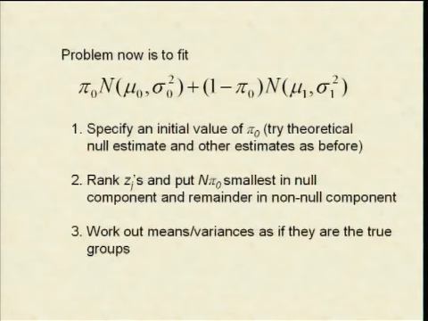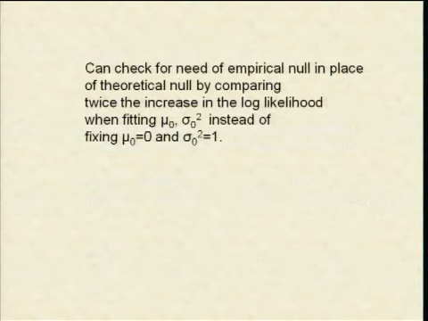But again, we supply an initial value for pi naught. We then rank the genes, and we put the n pi naught smallest in one group, and the remainder into the other component, and then work out the means and the variances as if they're the true groups, and then you fit this normal mixture. And you can do a test of whether you think that the increase in the log likelihood warrants fitting an empirical null instead of a theoretical null.